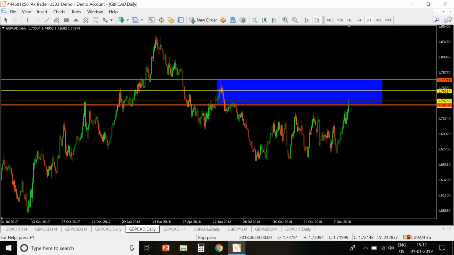For example, I'm going to concentrate today only on GBP CAD, so you all can understand how to analyze the pair and how to take various things into consideration for analyzing it. I'll try to keep it as simple as possible so you all can understand. So I'm going to analyze GBP CAD here.